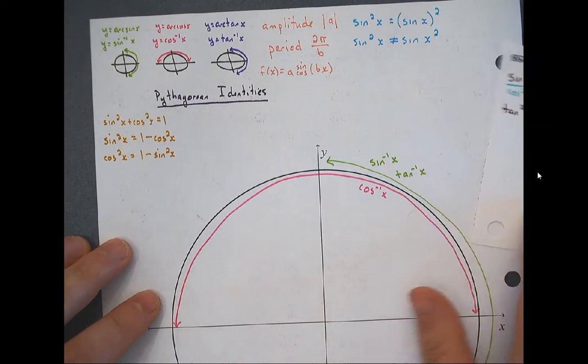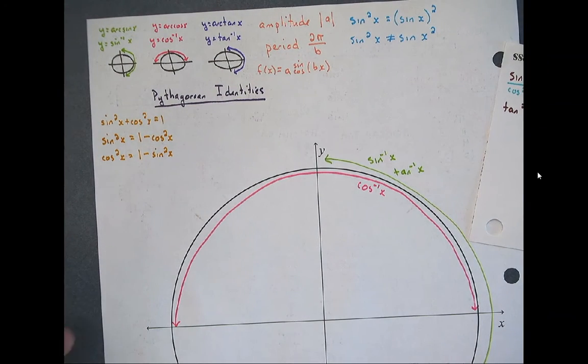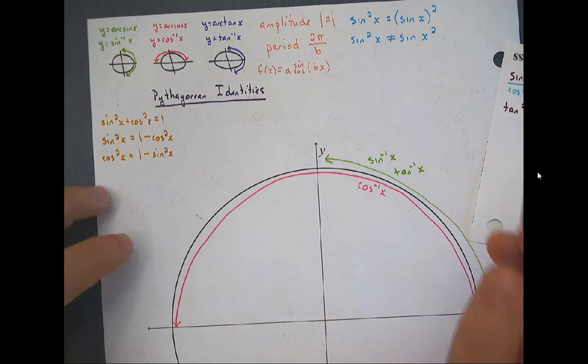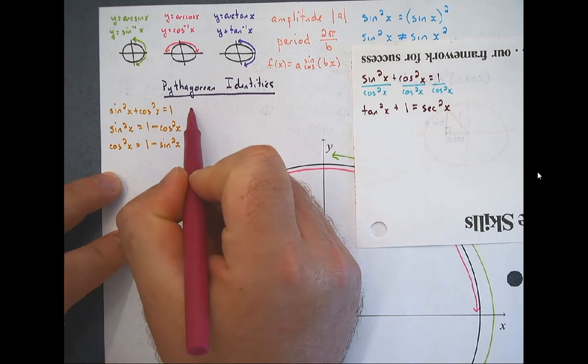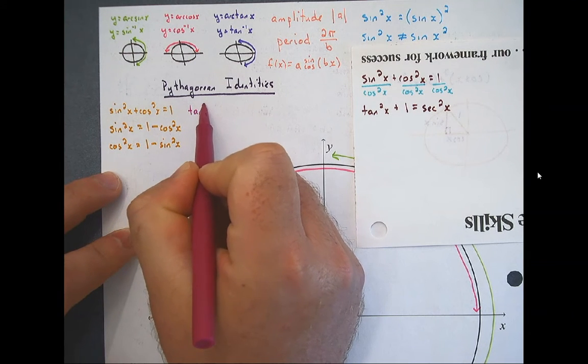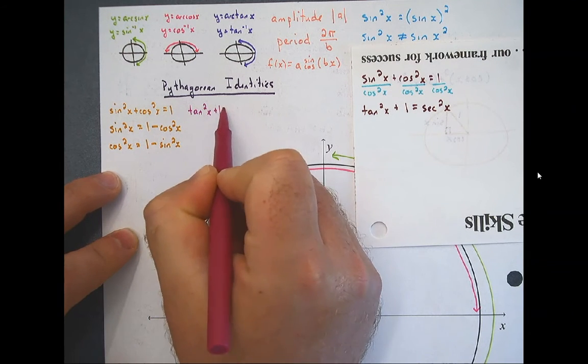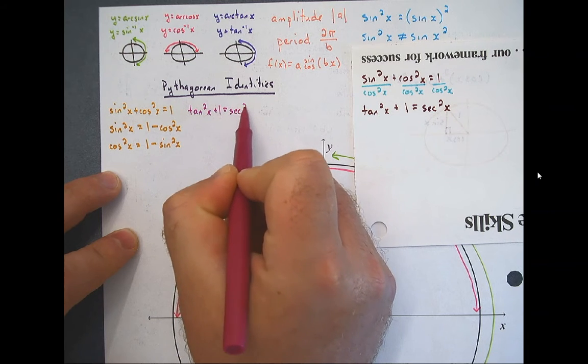So another Pythagorean identity is tangent squared plus 1 is equal to secant squared. So tangent squared of x plus 1 equals secant squared of x.